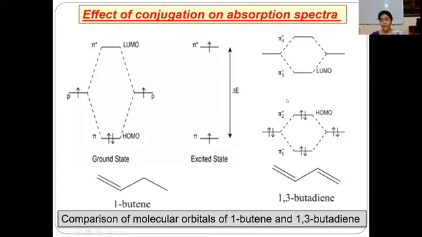Which transition will be more probable? Pi 1 to pi 3, pi 1 to pi 4, pi 2 to pi 3, or pi 2 to pi 4.